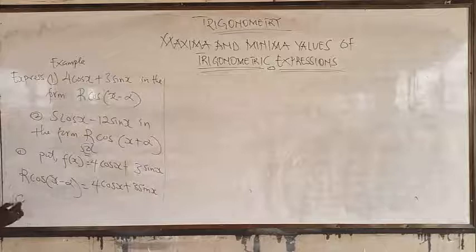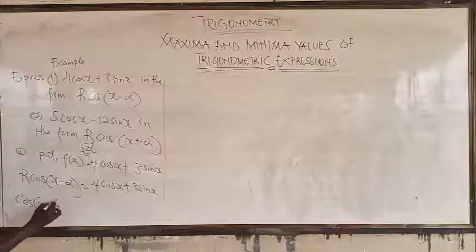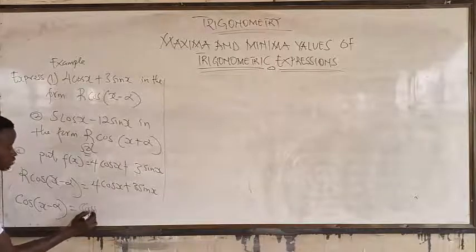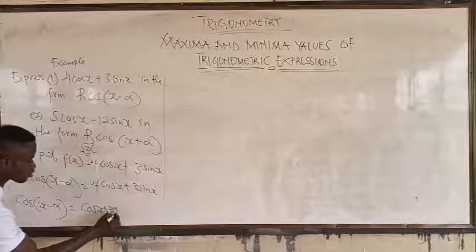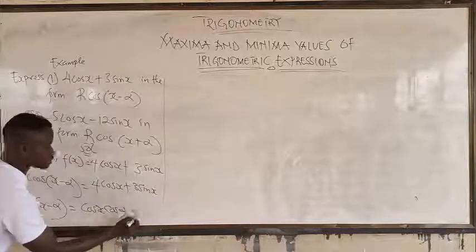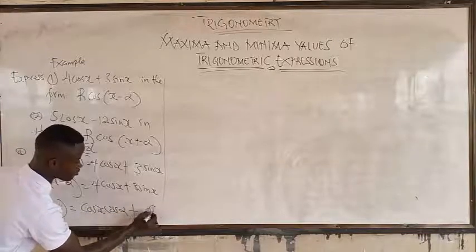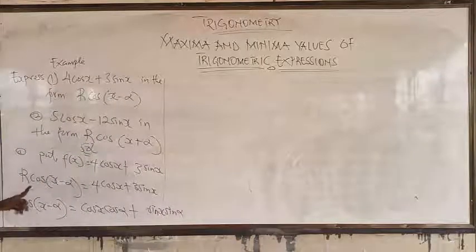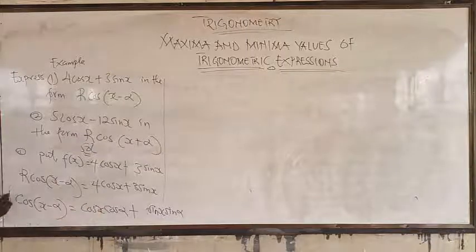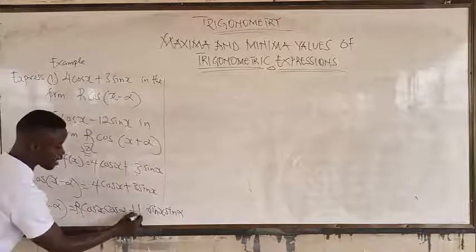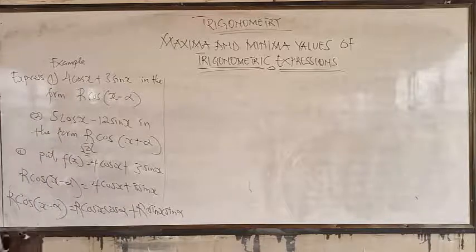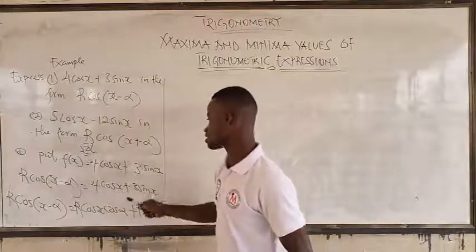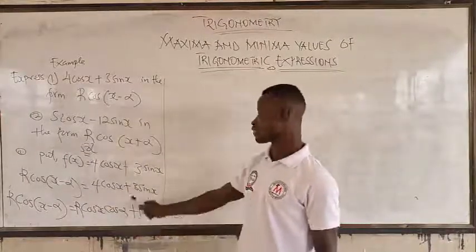Then here, we know that cos(s minus alpha) is going to give you cos s cos alpha plus sin s sin alpha. Then after that, you multiply through by r. So you get r here, you get r here, you get r here. Very good. So now, if this is equal to this and this is equal to that, then you can equate this to this.